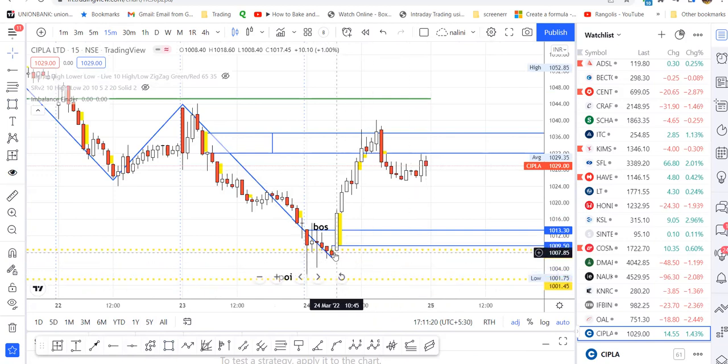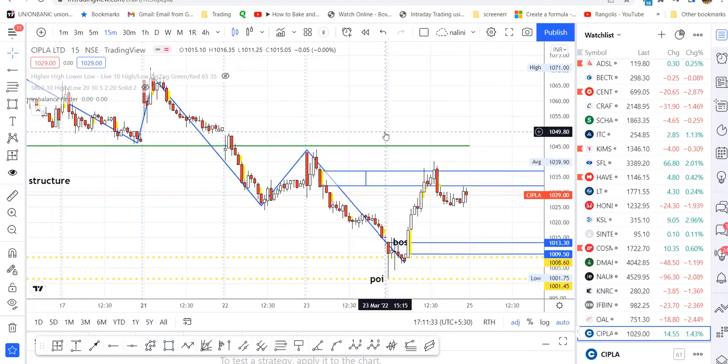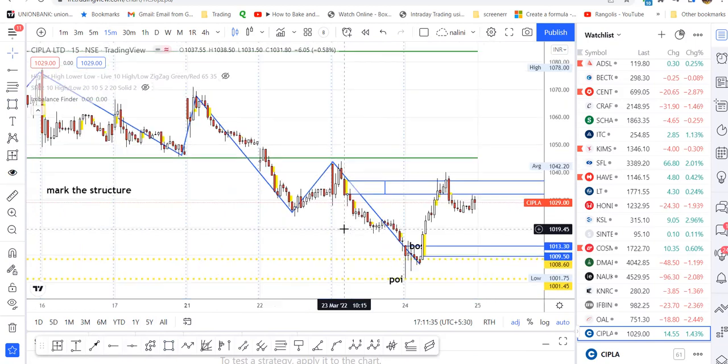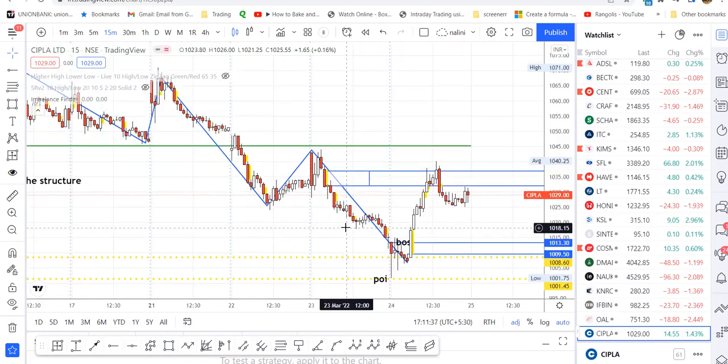If you would have bought at 1001 or 1007, easily you would have got 1037 in Cipla. That's how you can plan your trade and locate the stocks in advance, select them and mark the levels as such.